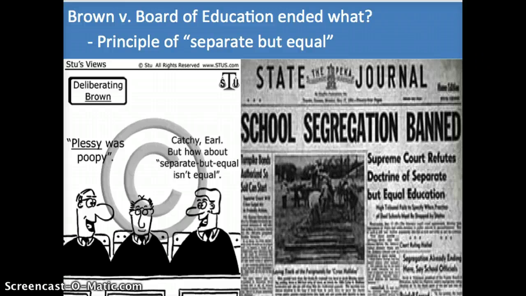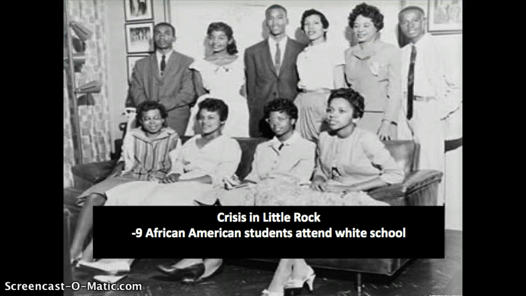It was a huge Supreme Court case at that time. And then it led to the Little Rock Nine, because now schools are not separate or equal. It's time to integrate. The federal government's saying it's time to integrate, and in Little Rock, they didn't like that very much.